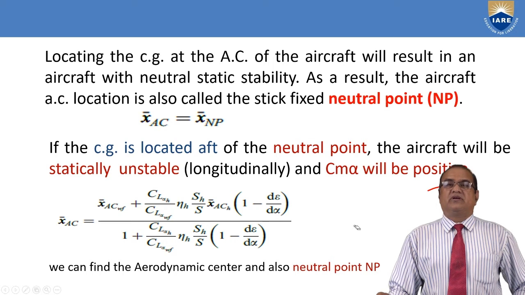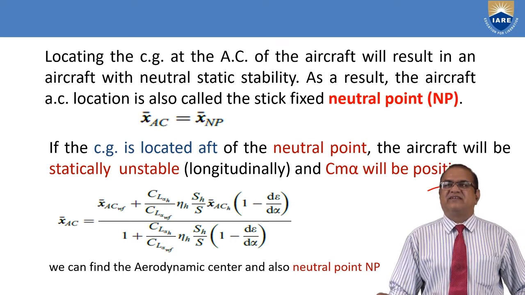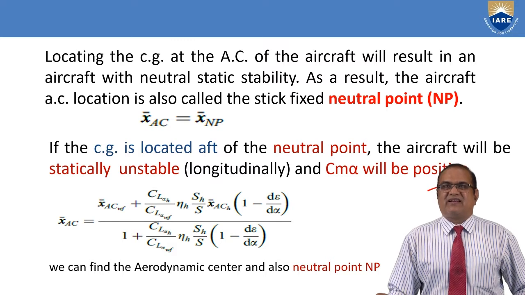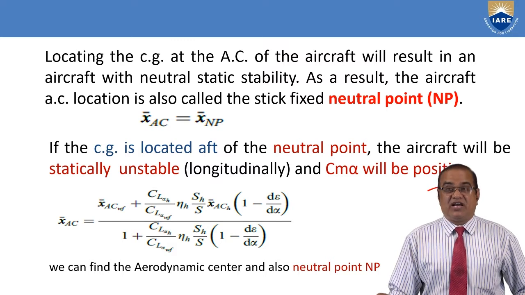If the CG is located aft of the neutral point, the aircraft will be statically unstable longitudinally and Cm alpha will be positive.